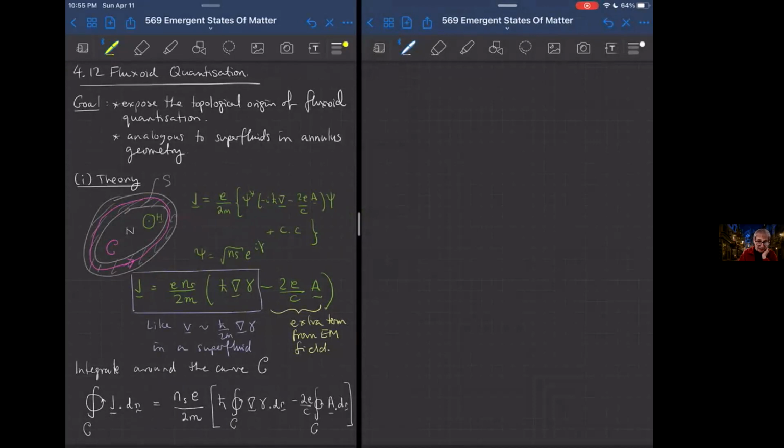And I think you can probably see where this is going, because the last term there is the same as the flux using Stokes' theorem. So here's the flux. That's defined to be the line integral around the curve C of A dot dr, and then that is the surface integral of H dotted with dS by Stokes' theorem.